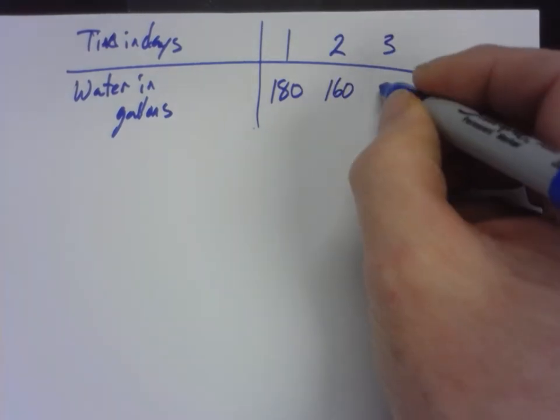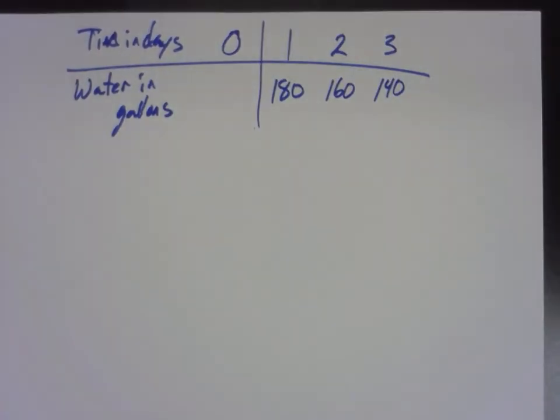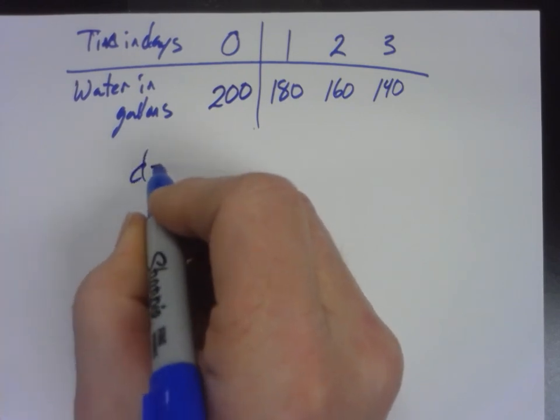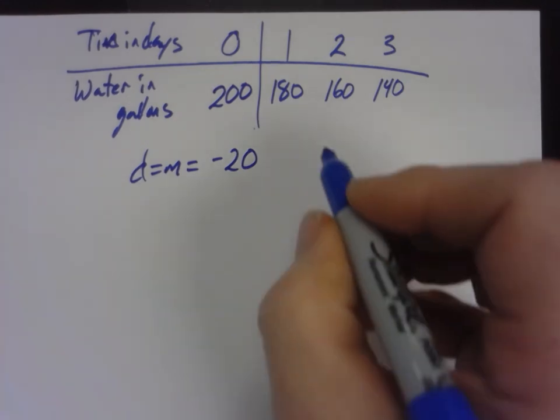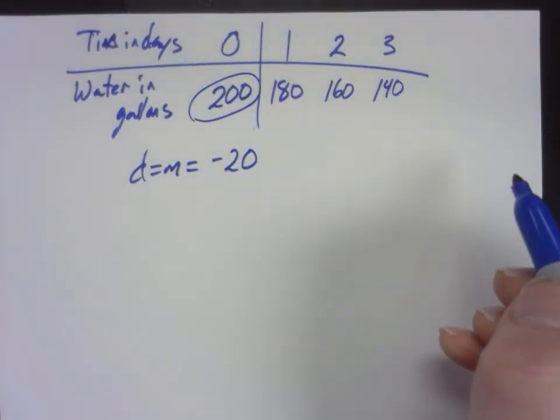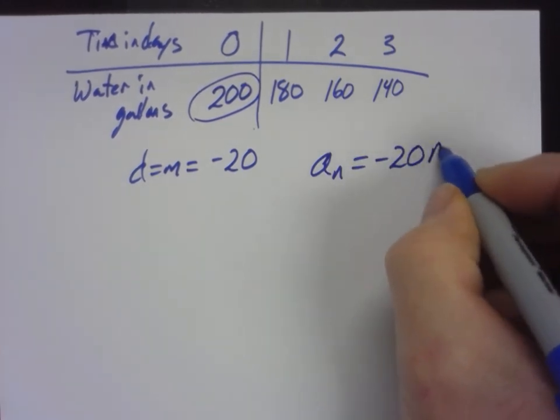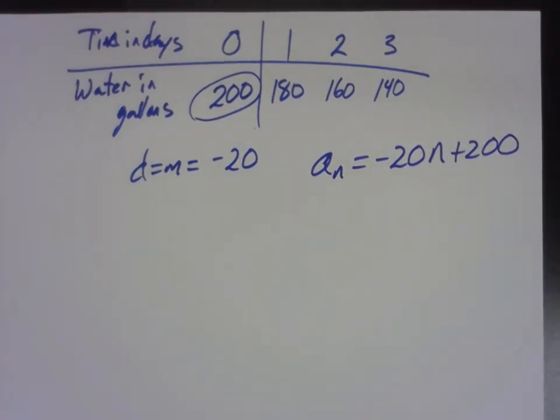Day 3, 140. Does it make sense to go back to day 0 in this case? It does. And how much was there at time 0? 200. And what's the common difference? 20 minus 20. Negative 20. Awesome. Negative 20. And our initial amount? So a sub n equals negative 20n plus 200. Why would I want this equation? What good would it do me?